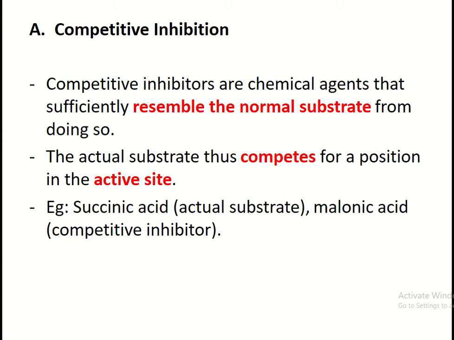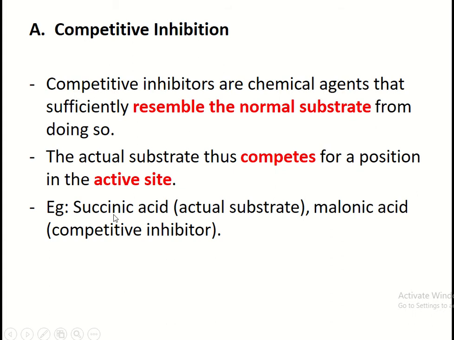Okay, and then the actual substrate thus competes for the position of the active site of the enzyme. If the concentration of the competitive inhibitor is higher than the concentration of the actual substrate, therefore the inhibitor will bind to the active site of the enzyme, and catalysis does not occur because the substrate does not bind with the enzyme.